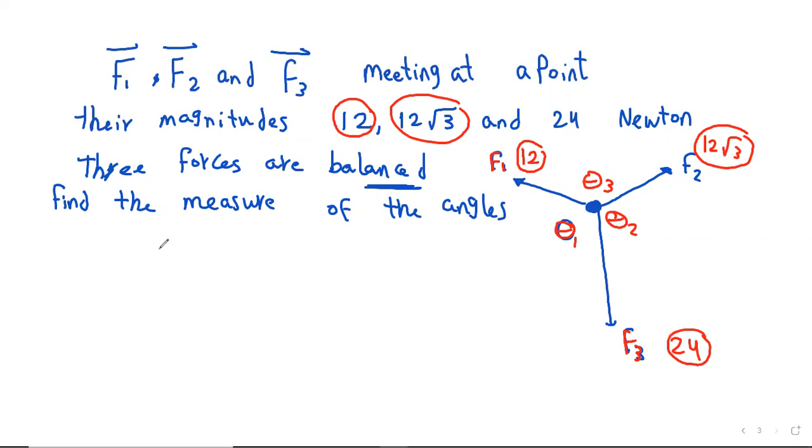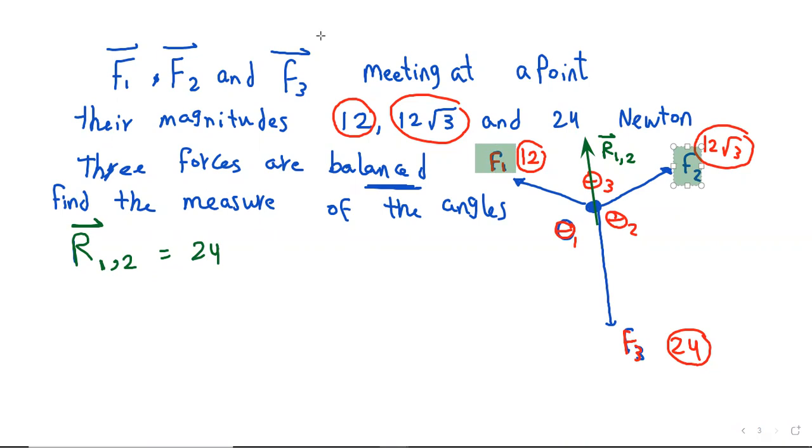So R12, the resultant of F1 and F2, must be 24. But look at the direction of F3. I assume that F3 works downwards, so the resultant of F1 and F2 is going to be working upwards. So R12 is 24.